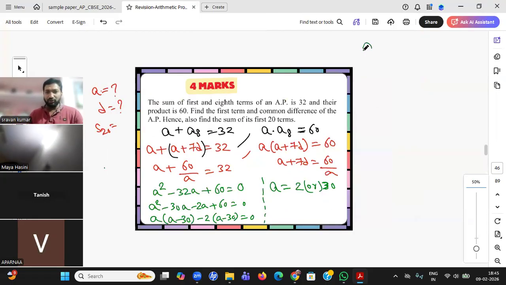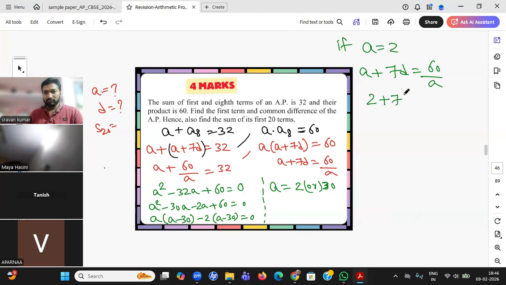So let me go with a equal to 2. So if a equal to 2, I'm getting d equal to 4.